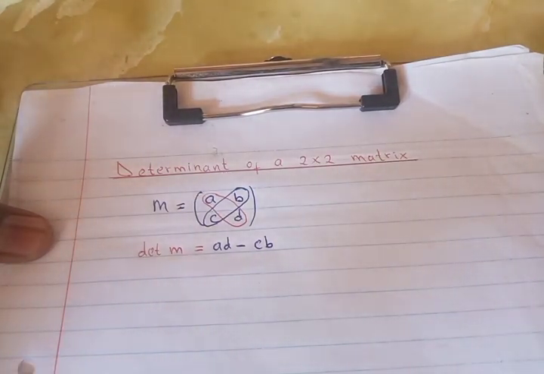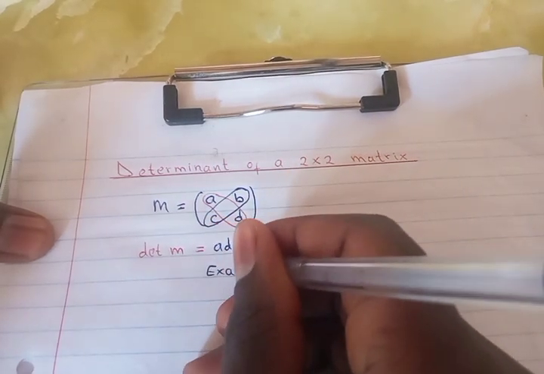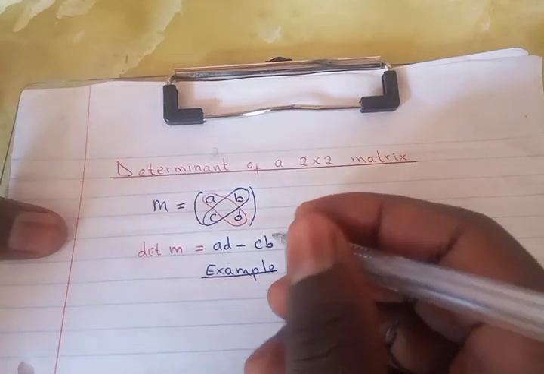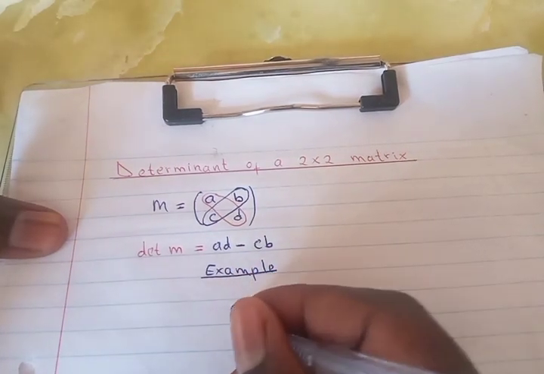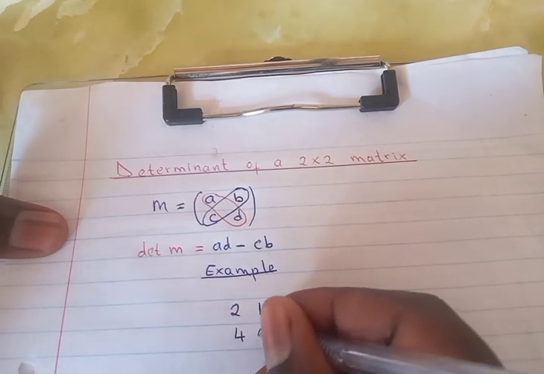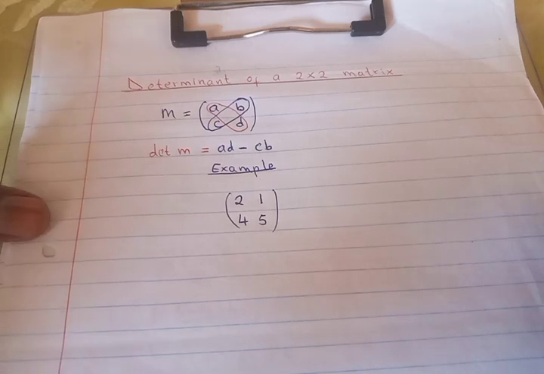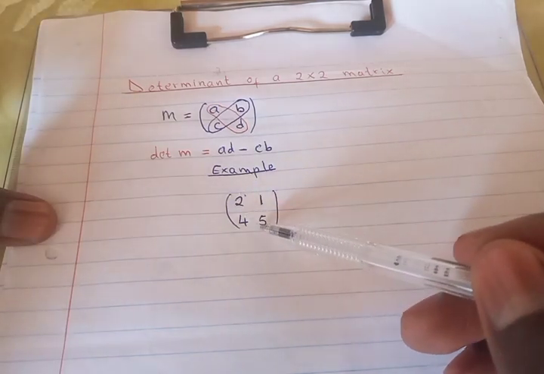Let us look at an example. Let us consider a matrix with the values 2, 1, 4, 5. Let us find the determinant of this matrix. So I said that we are going to multiply the lead diagonal.